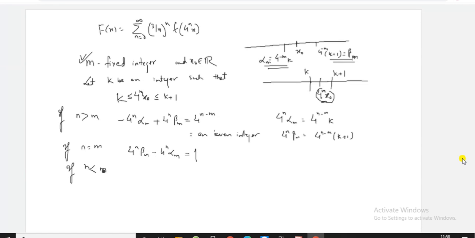When n is less than m, is there any integer between 4 to the power n beta m and 4 to the power n alpha m?